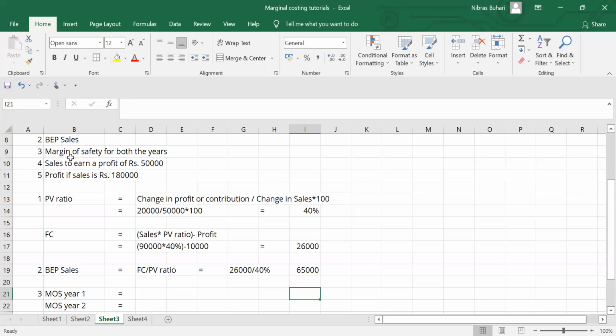The next question is margin of safety for both the years. For year 1, year 2. The formula is actual sales minus BEP sales. So I'm going to take the actual sales, that is 90,000 minus BEP sales 65,000. This is for the first year, which means my margin of safety is 25,000 rupees.